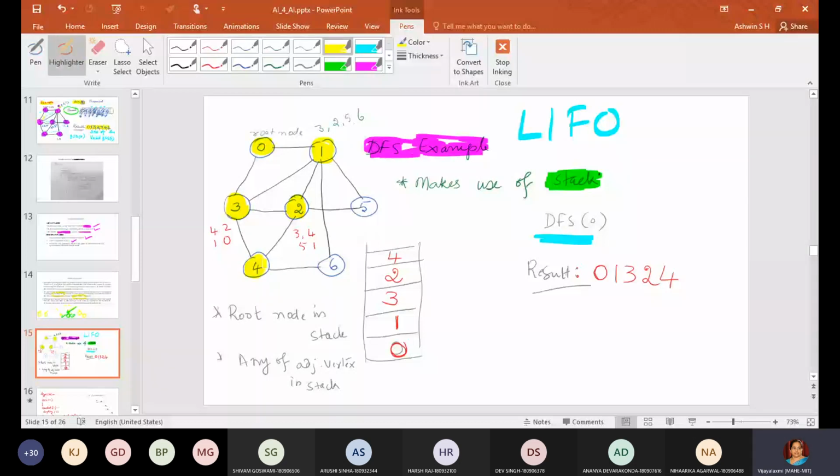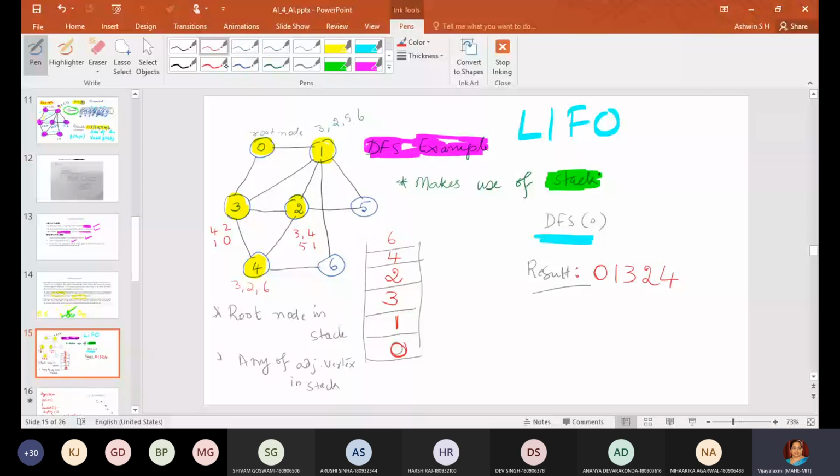Now after 4, I'll write which are the adjacent ones. For 4, we have 3, 2, 6. Of course, it is 6. So I will put 6 here.